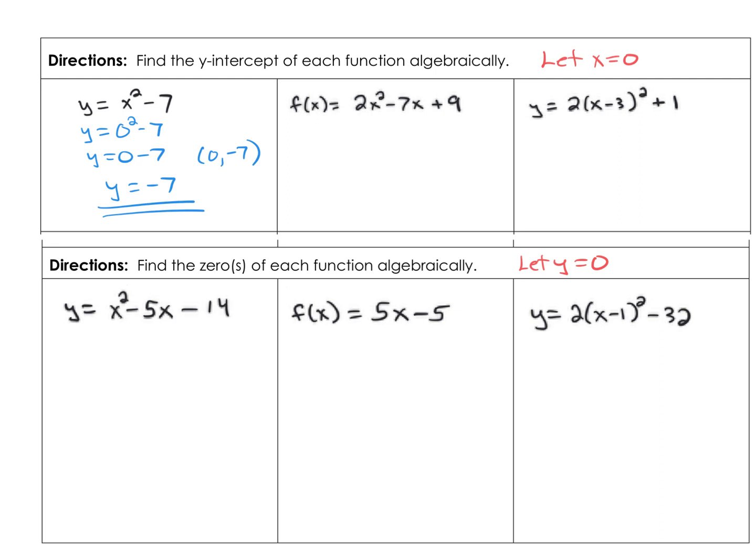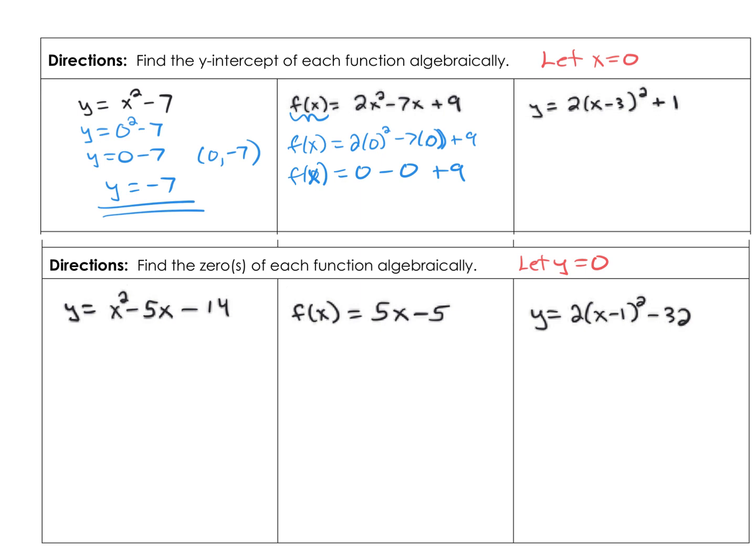For this one, notice that it's got that f of x notation. That's fine. That's just a fancy way of saying y. When I put 0 in for x, any term that has a 0 in it is going to turn into 0. So I get 2 times 0 minus 7 times 0, plus 9.